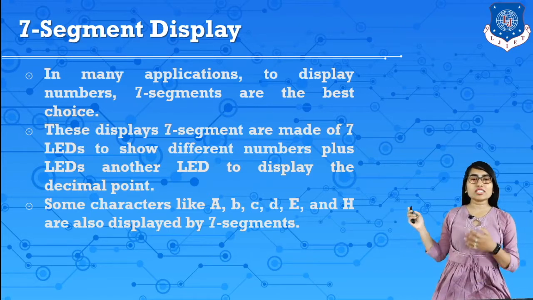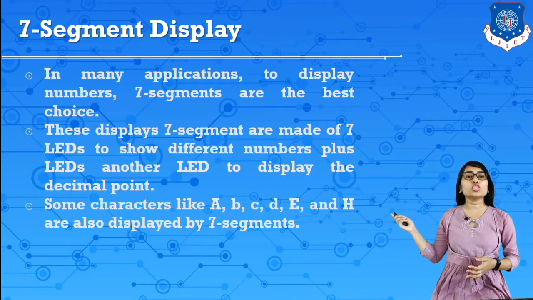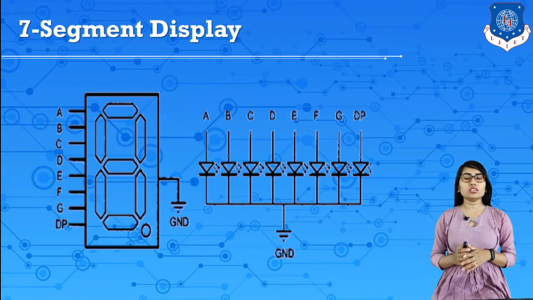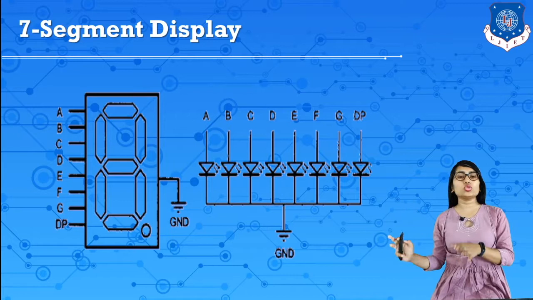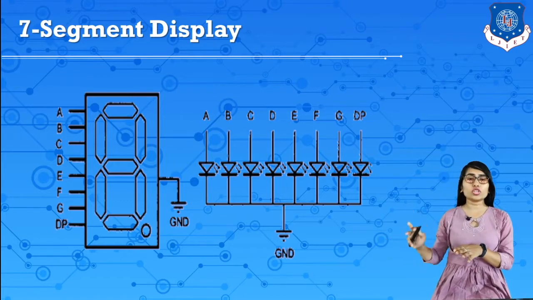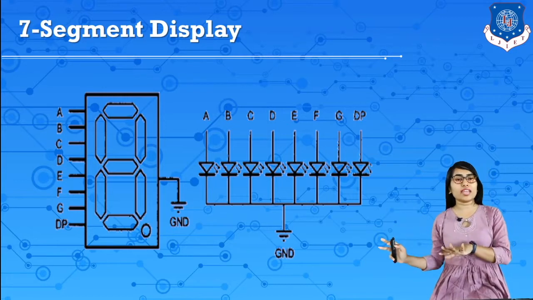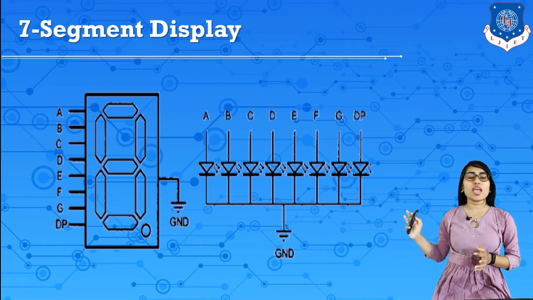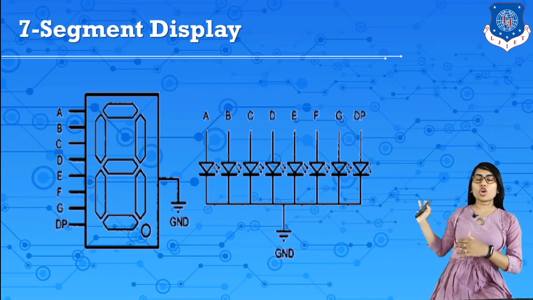So these 7-segment LEDs are basically used to display numbers, total 0 to 9, that means total 10 numbers. Here we have A, B, C, D, E, F, G, total 7 LEDs like this, and it's a common cathode architecture.